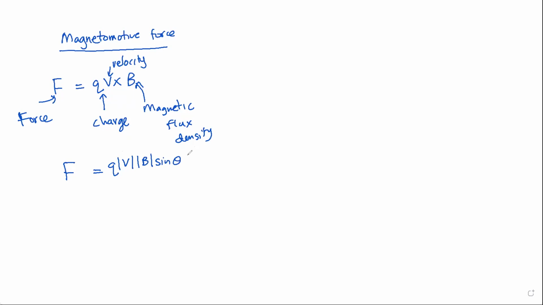We need something else, right? We need a direction to this, a unit vector, which shows the direction of the output vector given by the cross product between these two vectors. If we have the velocity of a charge in a certain direction and the magnetic field in another direction, then once we take the cross product of these two vectors, the output vector will be in a certain direction. And the unit vector along that direction we need to define as n hat.